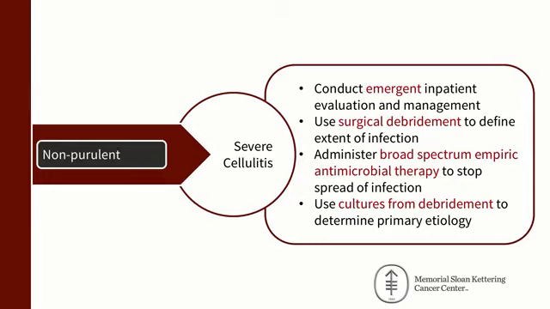In such cases, broad-spectrum empiric therapy is necessary, including anti-MRSA gram-positive coverage and anti-Pseudomonal gram-negative plus anaerobic coverage. Cultures should be sent from any surgical exploration to determine primary etiology, monomicrobial versus polymicrobial, which will ultimately dictate targeted therapy.